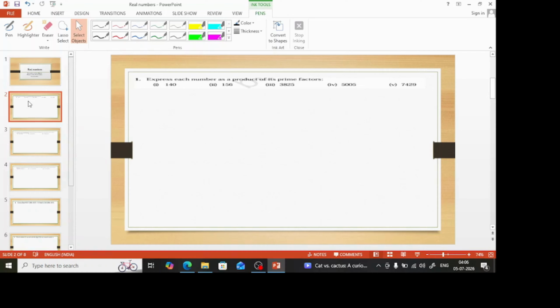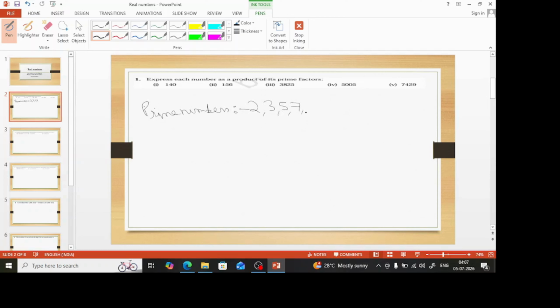First of all, we must know what is the meaning of prime factors. Prime numbers are those numbers which are divisible only by the number itself and 1, like 2, 3, not 4, because 4 is divisible by 2 and 4 both. 5, not 6, because 6 is again divisible by 2, 3 and 6.